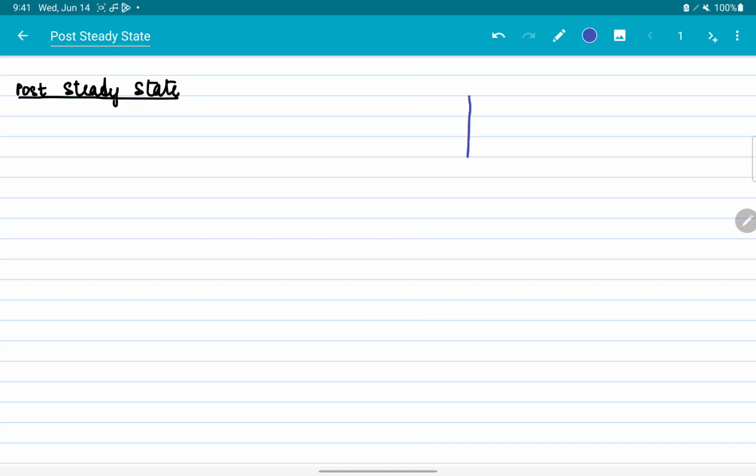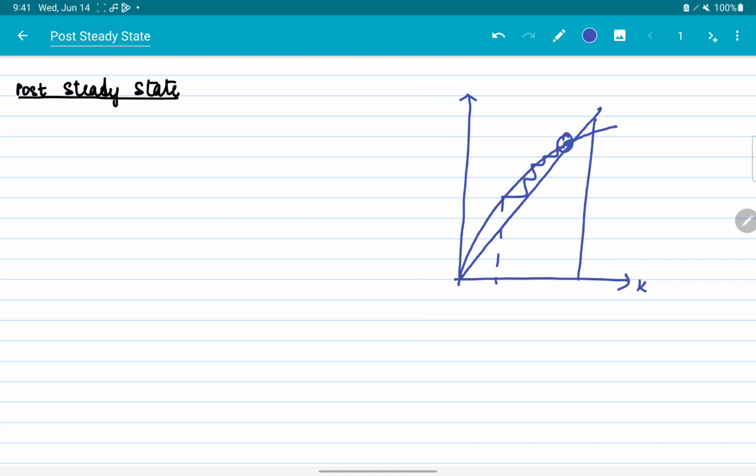So, just to briefly recollect the story so far: you have small k here, various quantities on the y-axis, and you probably started from here and you reached this point, or you started from here and reached this point. You now are at KSS. Whatever has to happen has happened, and we'll analyze this process, called transitional dynamics, in more detail in the next video.